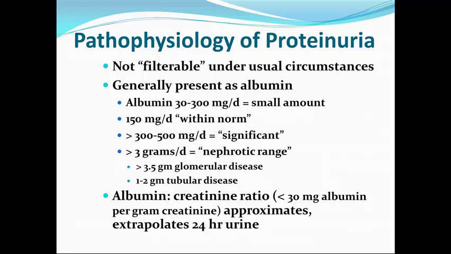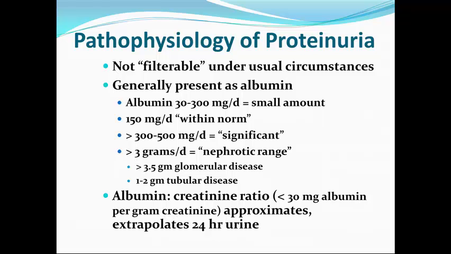As that number continues to climb, it's still significant, but we start thinking about where the pathology might be. But the first thing I want you to always remember is that protein does not belong in the urine. That is a pathophysiologic manifestation.